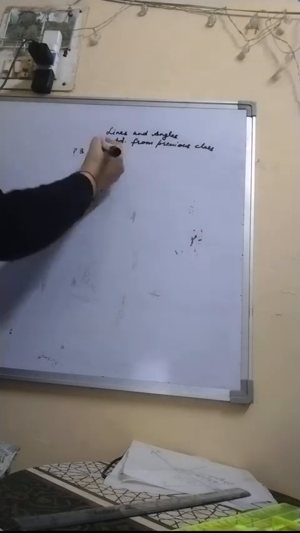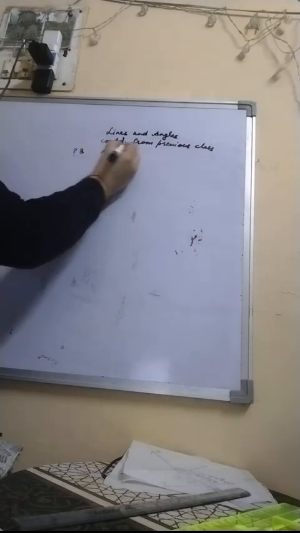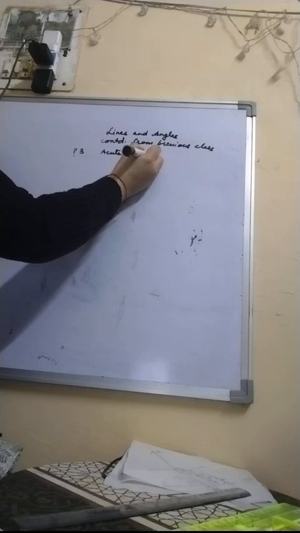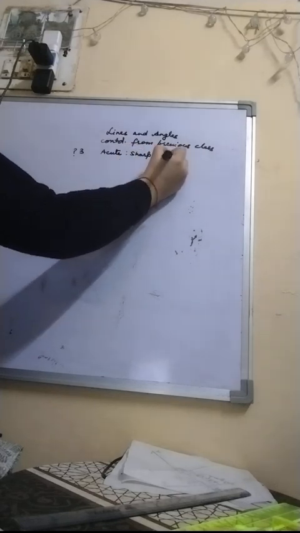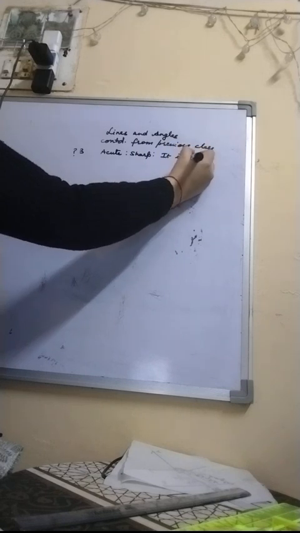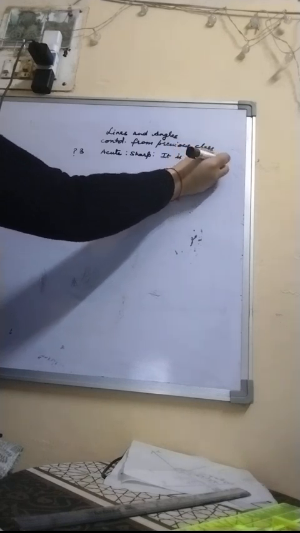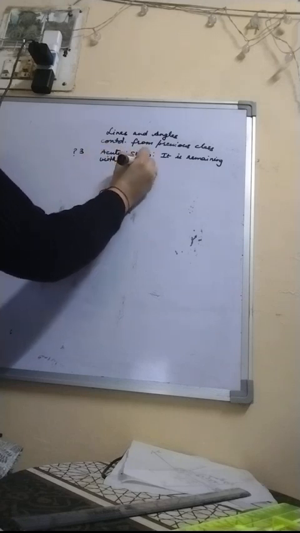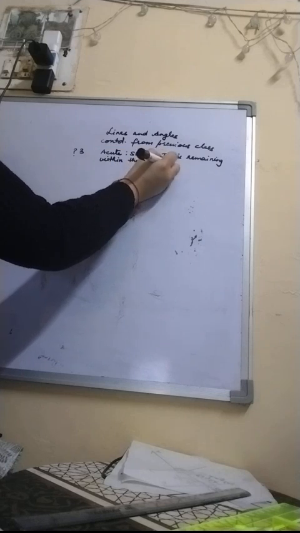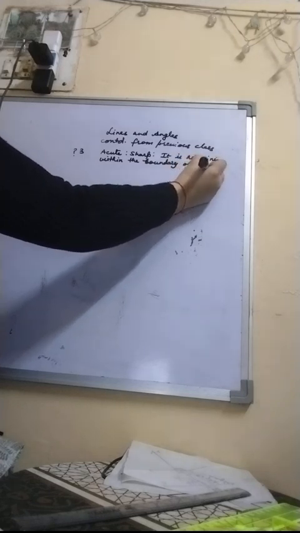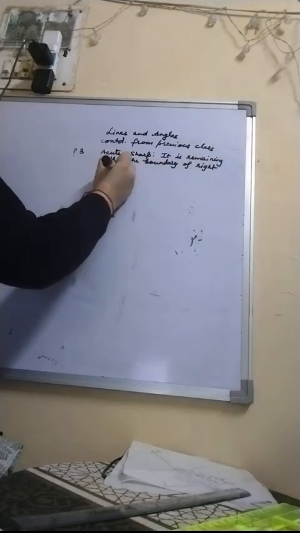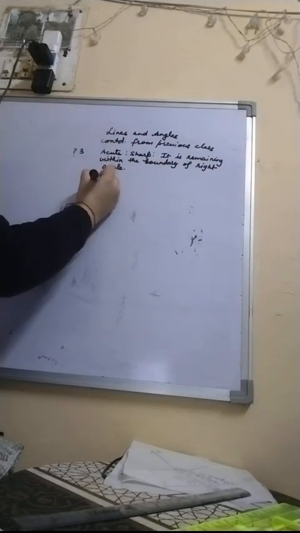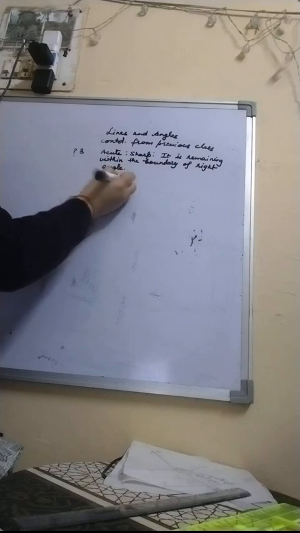So you can say that acute is sharp, or it is remaining within the boundary of 90 degree, isn't it? It is not crossing the 90 degree boundary of right angle, so you can say that it is a sharp angle. And why does obtuse mean blunt?